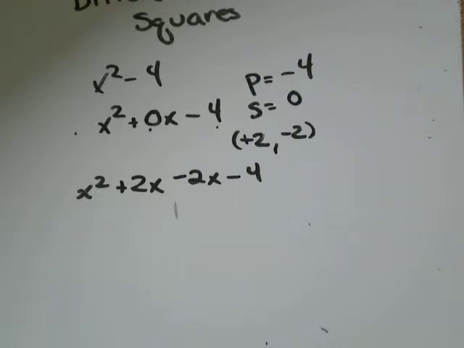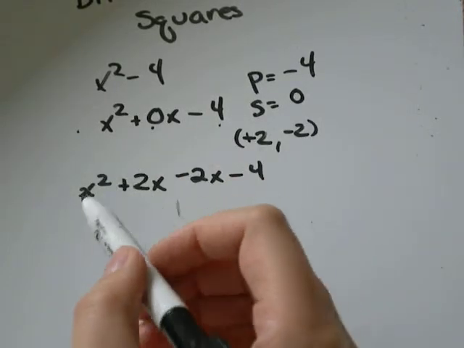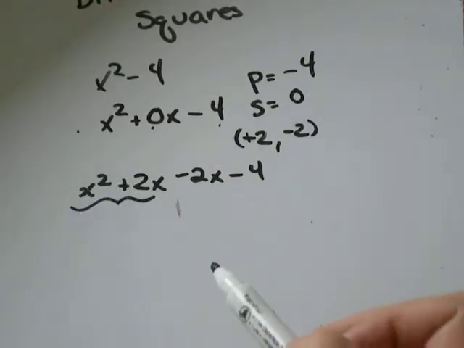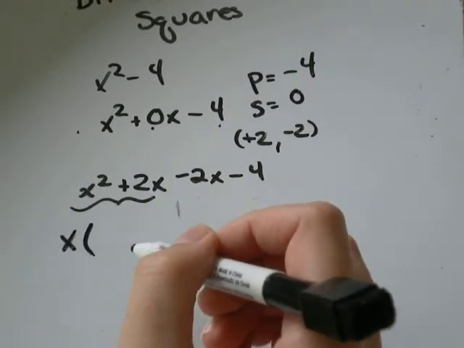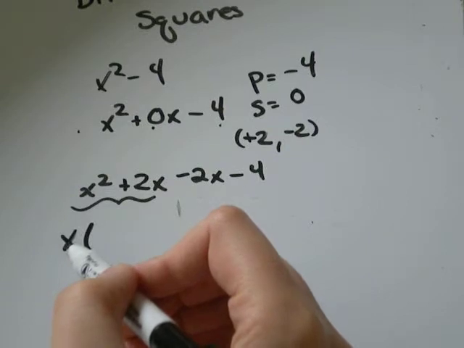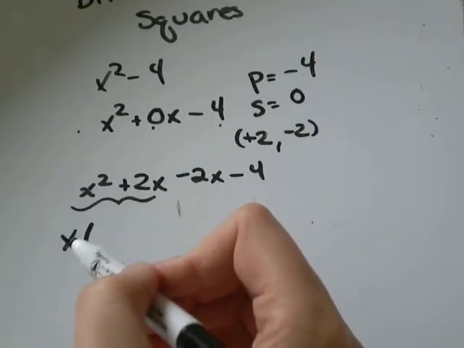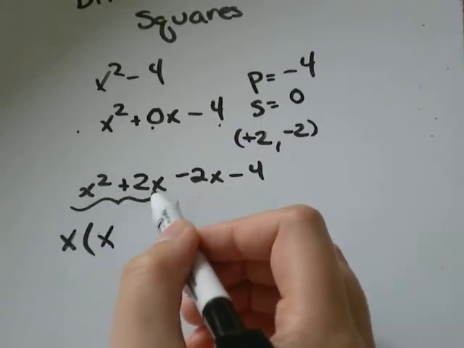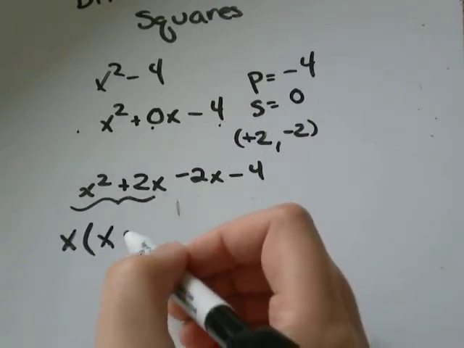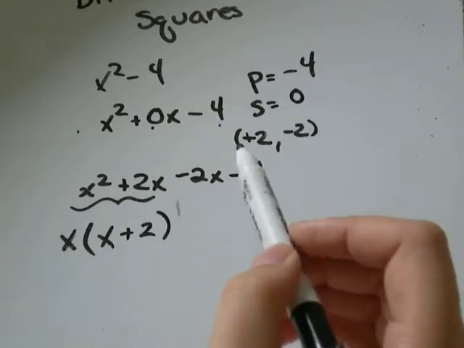Okay, so I'll look at my first 2 terms and ask, what do they have in common? Well, they have x's in them, so let's factor out x. X squared divided by x is just x. 2x divided by x is just plus 2.